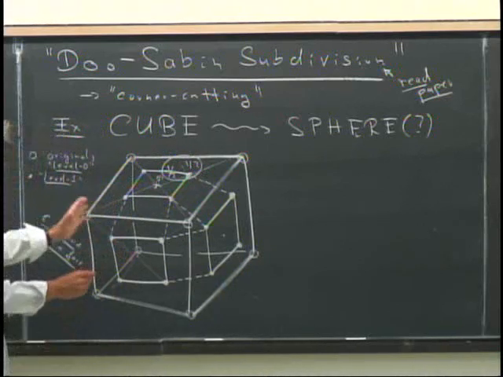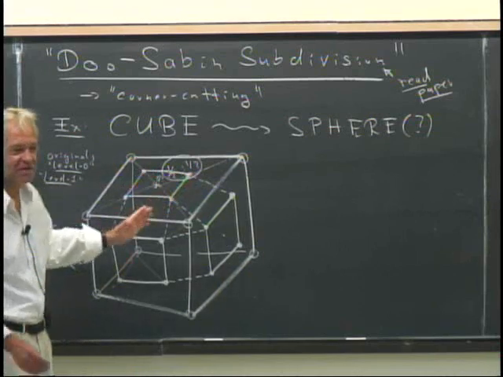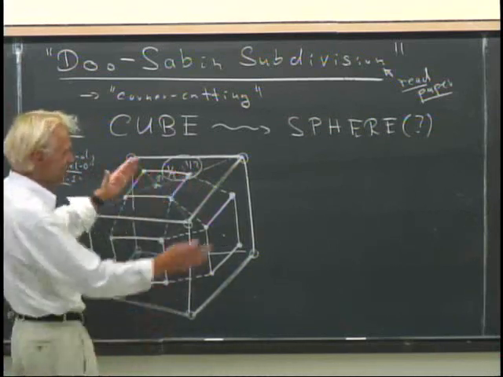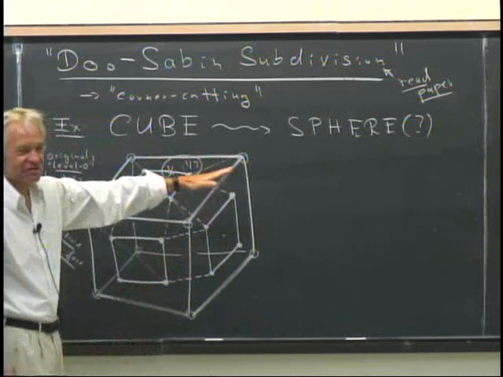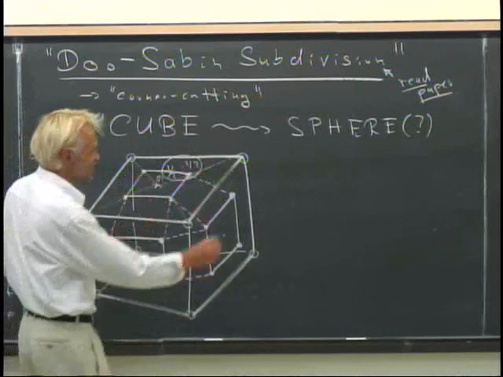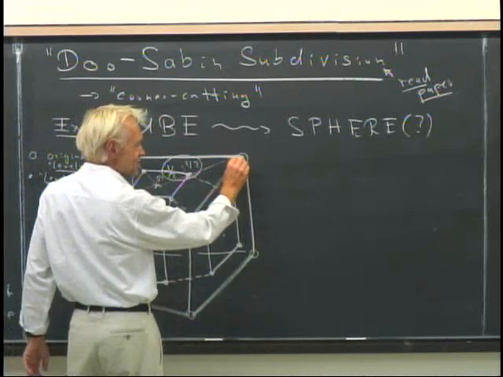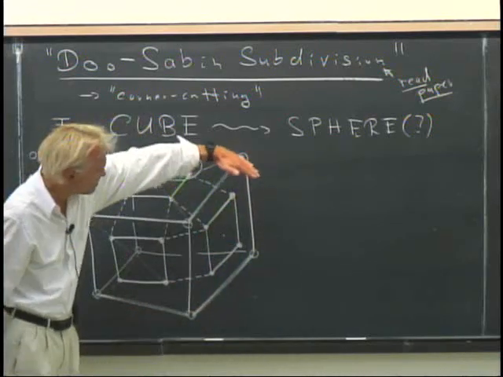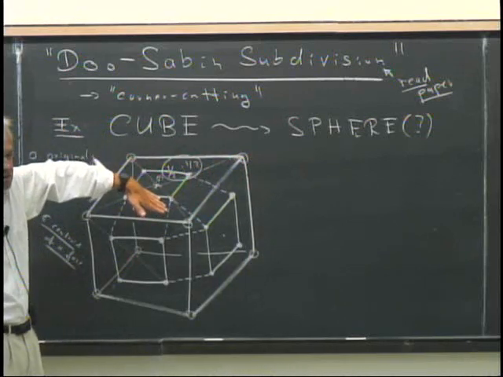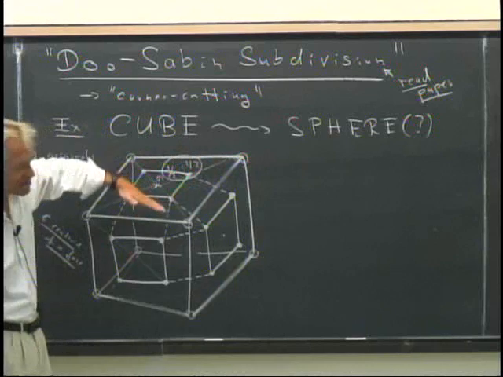So you can immediately see that you could use a different ratio there, right? You don't have to cut at the midpoint, but you can do this with all kinds of ratios, right? Cut much closer to the original edge, just make much smaller triangles initially. And in the limit, you can also use big ratios to make these triangles extremely big. What do you get then? You get an octahedron, right?